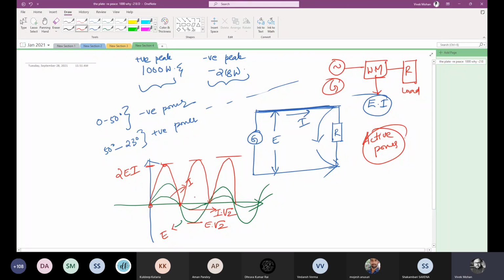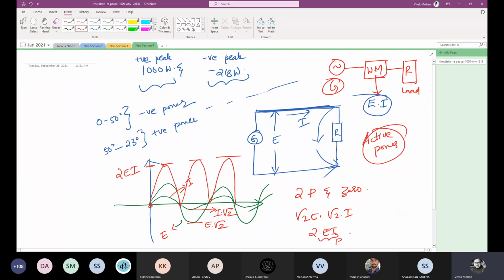Now, how will I calculate the average power from here? The average power is clearly midway between 2P and 0. What is 2P here? Root 2 E into root 2 I, which gives me 2 into EI.